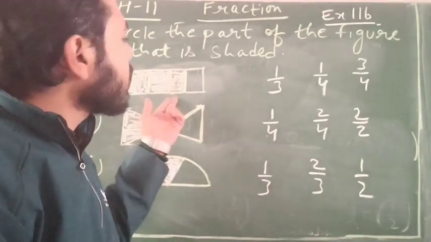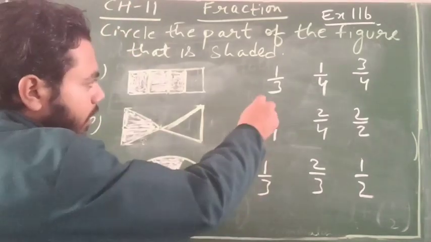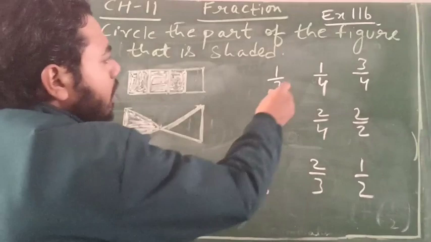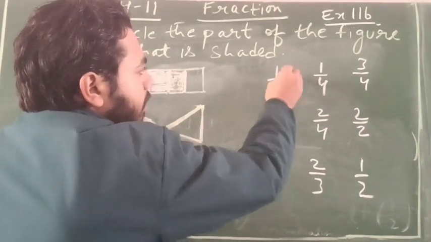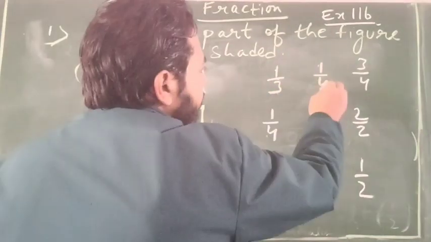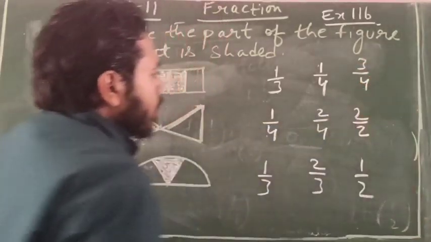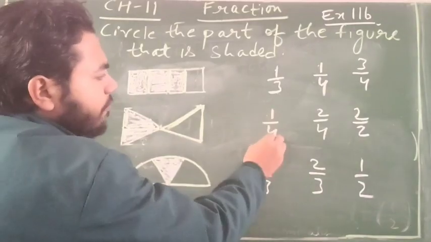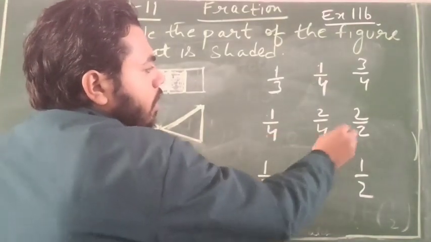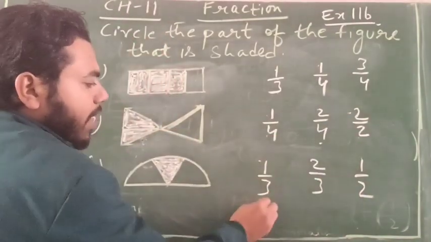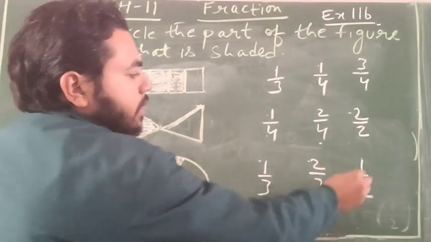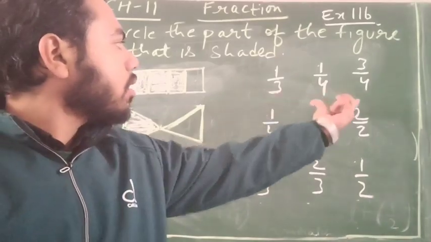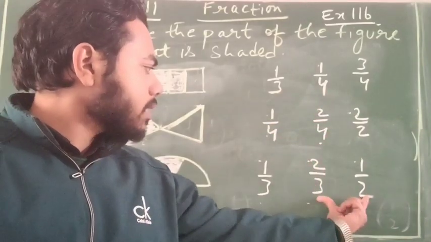So here we first try to read these fractions: 1 by 3, 1 by 3, 1 by 4, 3 by 4. And in this question: 1 by 4, 2 by 4, 2 by 2, 1 by 3, 2 by 3, 1 by 2. So we have read all these given fractions.